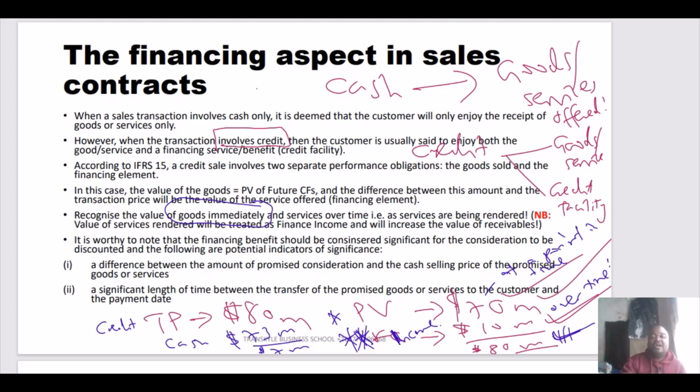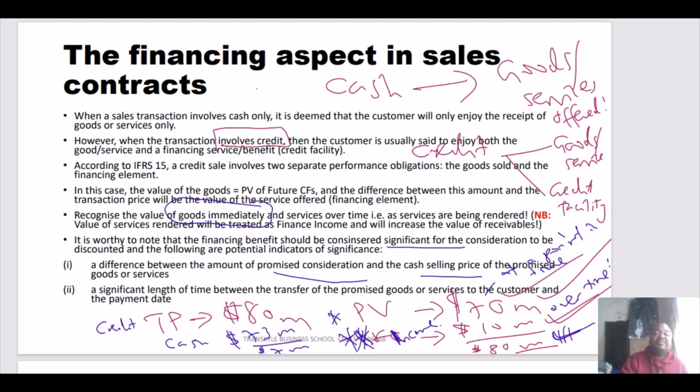So if the difference between the amount of promised consideration and the cash selling price of the promised goods or services is so significant, then we can simply infer that the financing benefit is actually significant.